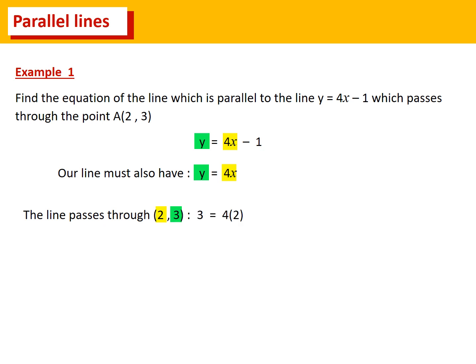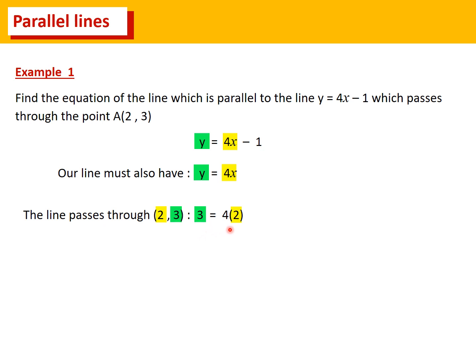So y now becomes 3 because y equals 3, and 4x has now become 4 times 2 because x is 2. So that's the y value of 3, that's the x value of 2 substituted in. And that gives us 3 equals 8, which clearly it doesn't.